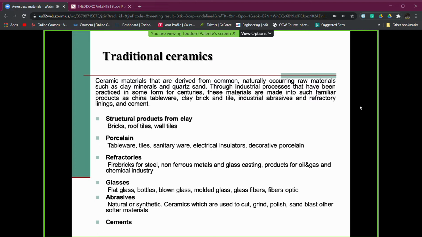But anyway, traditional ceramics, I repeat, they are very important for the Italian economy, and they are also known worldwide, but they are not interesting for our application.